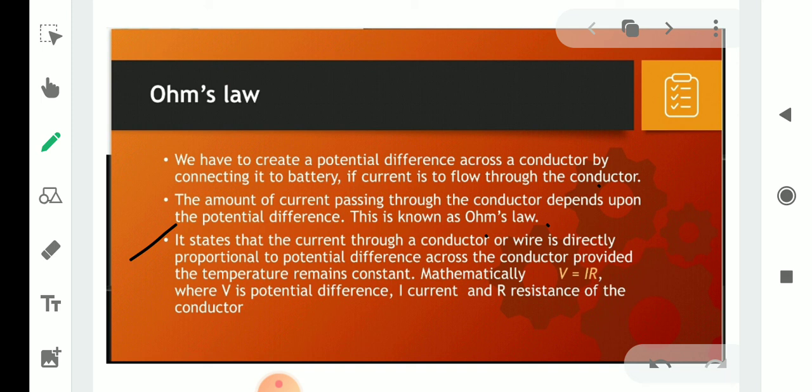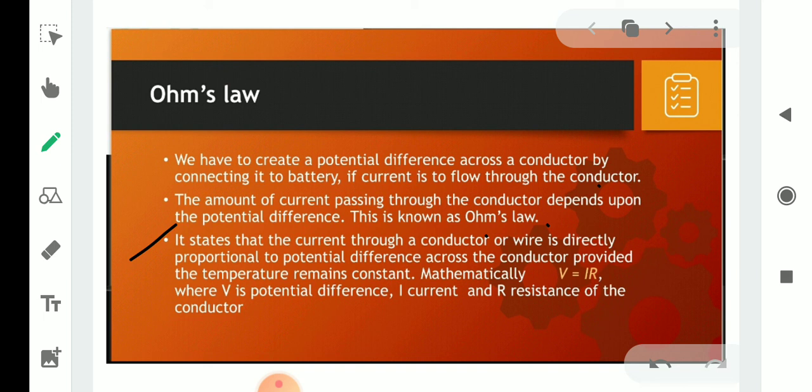According to Ohm's law, the current flowing in a conductor is directly proportional to the potential difference across its ends, provided the physical conditions and the temperature of the conductor remain constant. When the temperature remains constant, electric current is directly proportional to potential difference.